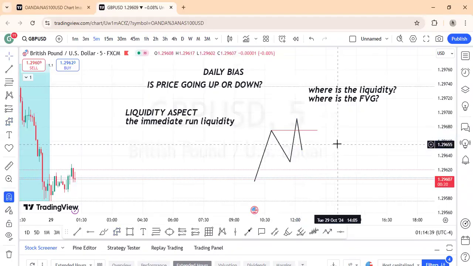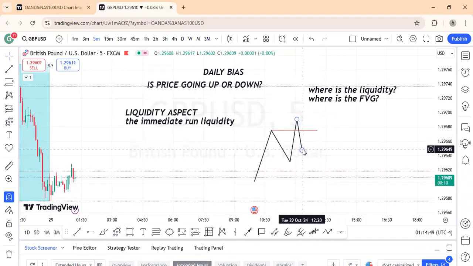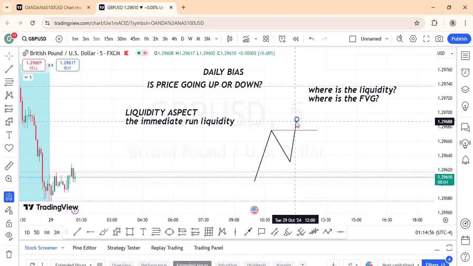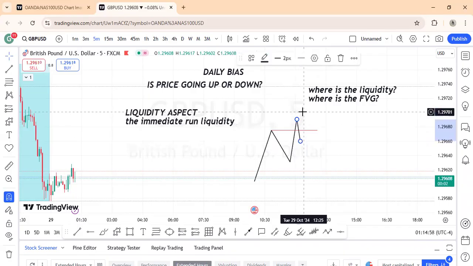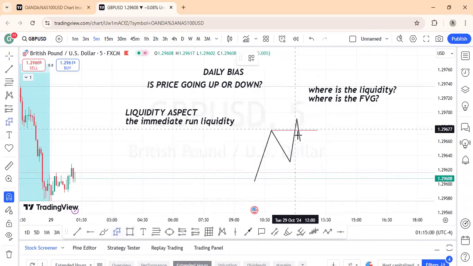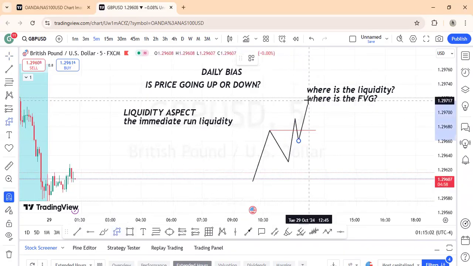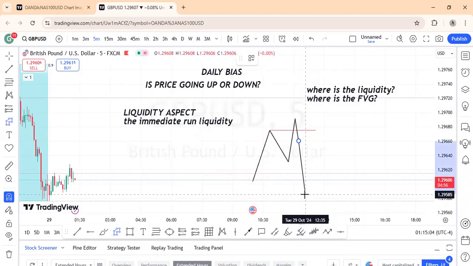So liquidity helps to tell you where the market is likely to go, because whenever price runs a high or low, there is a tendency, not 100%, a very high probability that price is going to retrace before continuing bullish or reversing. So it could continue going bullish or it will just completely reverse.